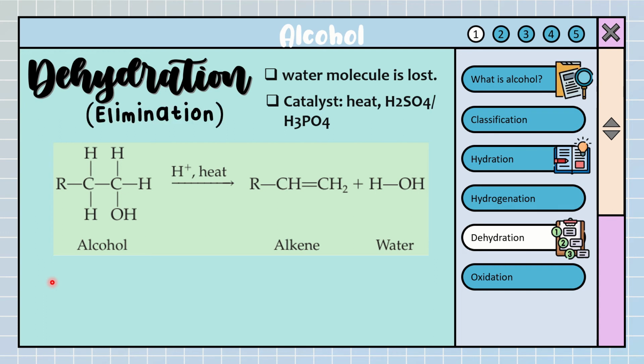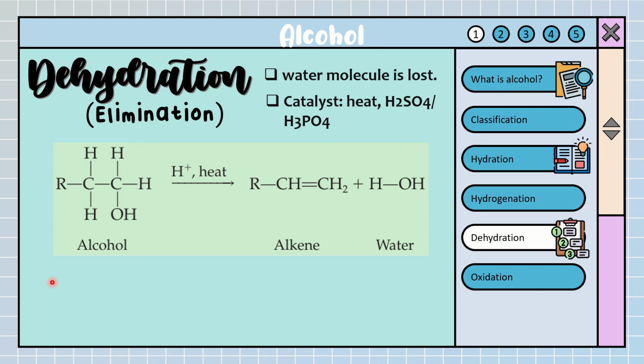That is a reaction in which a molecule loses atoms or ions from its structure, or a reaction in which 2 groups or 2 atoms on neighboring carbon atoms are removed from a molecule, leaving a multiple bond between the carbon atoms, in this case the OH and H.